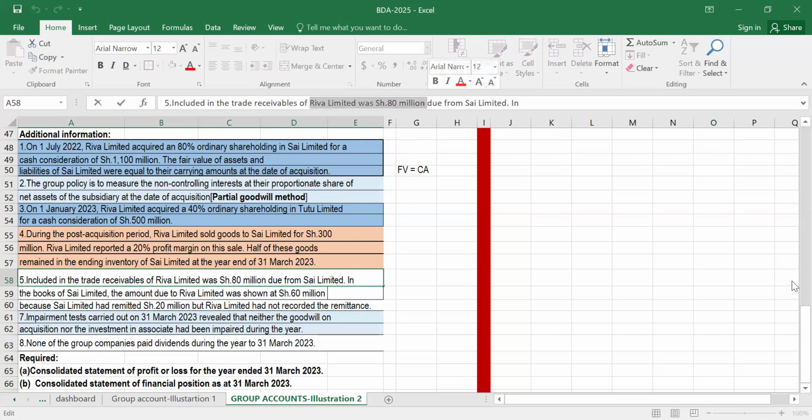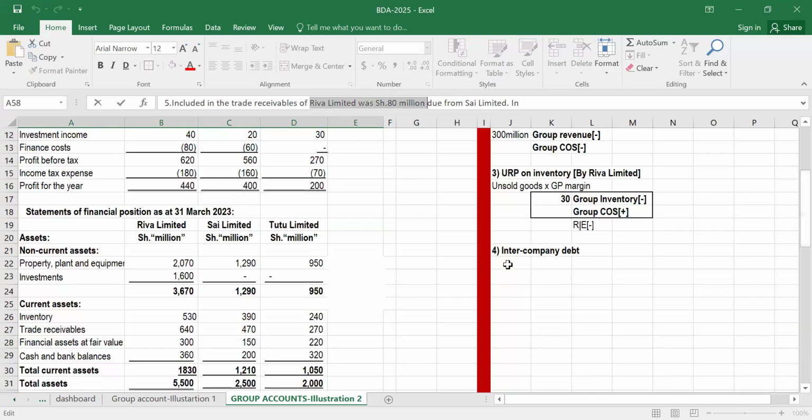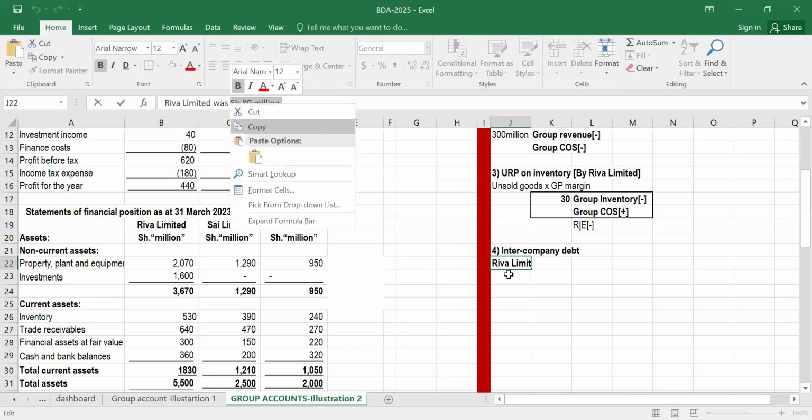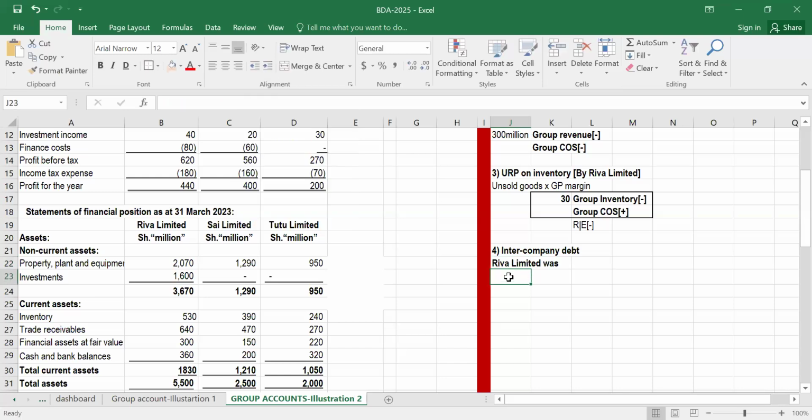Let's have the two companies here. We have BV. And we are told trade receivables of this company included 80 million.